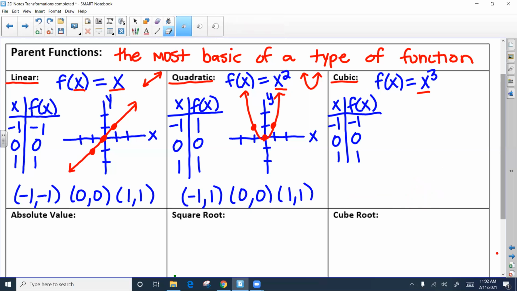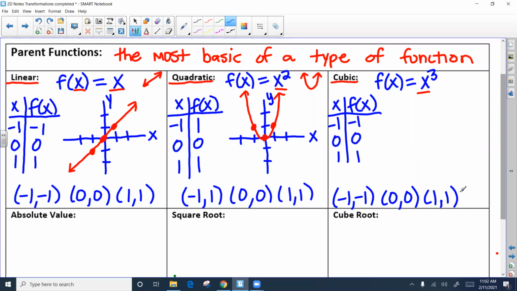I'm going to write those down. So -1, -1, 0, 0, and 1, 1. So you might notice that this actually has the same coordinate points as the linear function, but the graph is going to look a little different. So let's draw a coordinate plane.